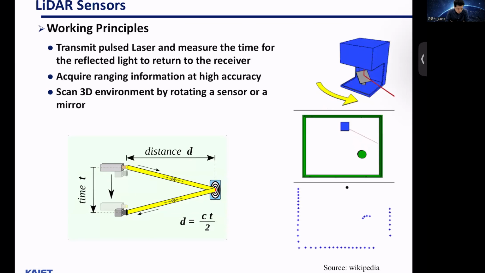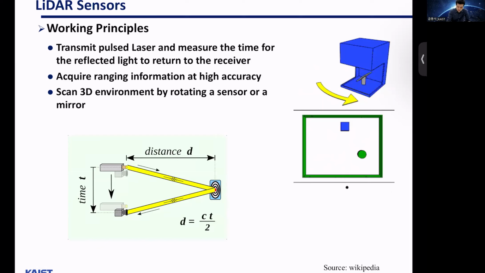Here are the working principles. I think I briefly explained this in the introduction to perception. Let me introduce this one more time in more detail. So it basically works like a pointer that we use for presentations, but we rotate.